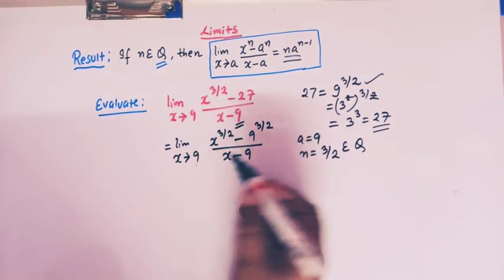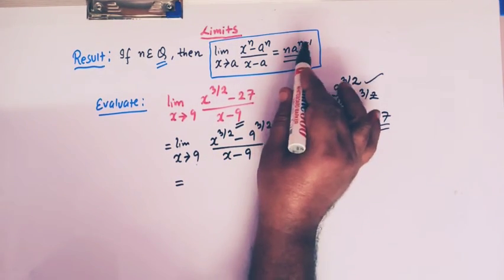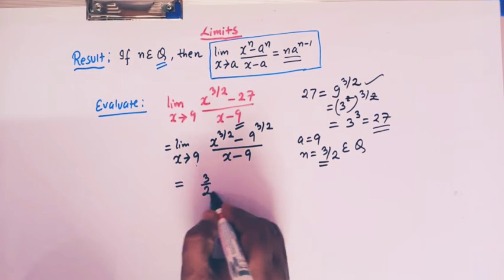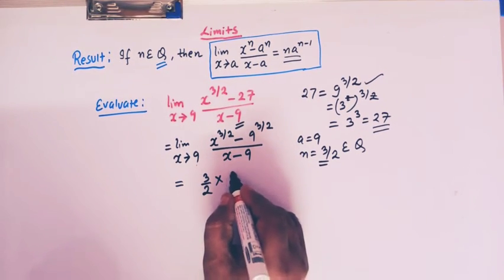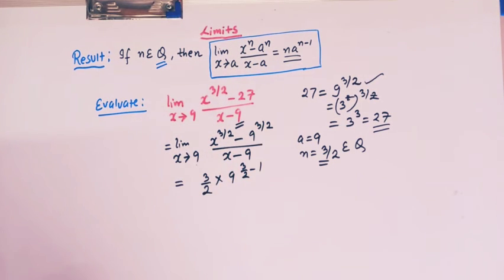So now we can write this limit as n times a raised to n minus 1. So the value is 3 by 2 times 9 raised to 3 by 2 minus 1.